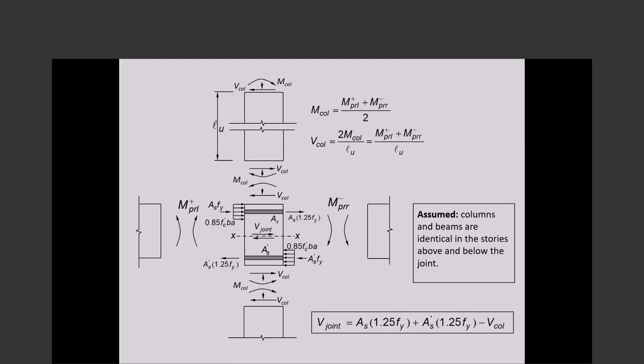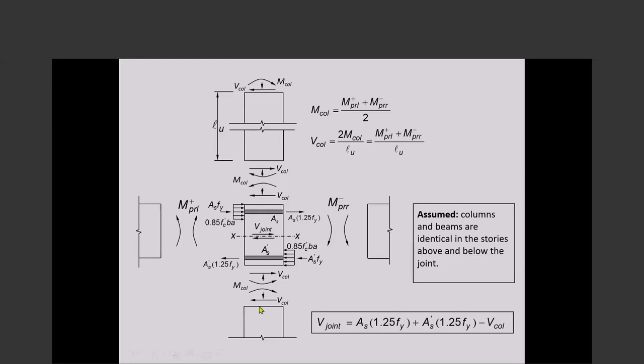So the point is that column shear calculation can be, and almost always is, based on the largest bending moment that can be developed at the column end, that can be brought onto the column end by the beams framing in.